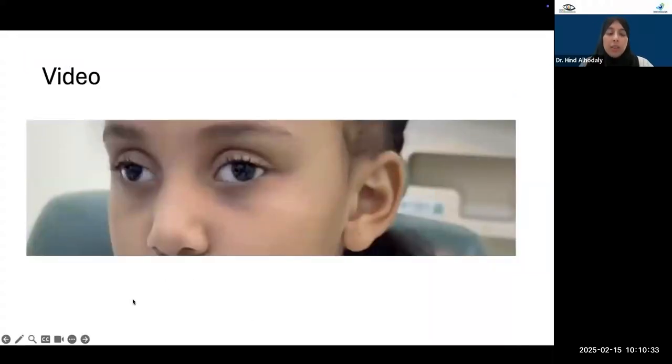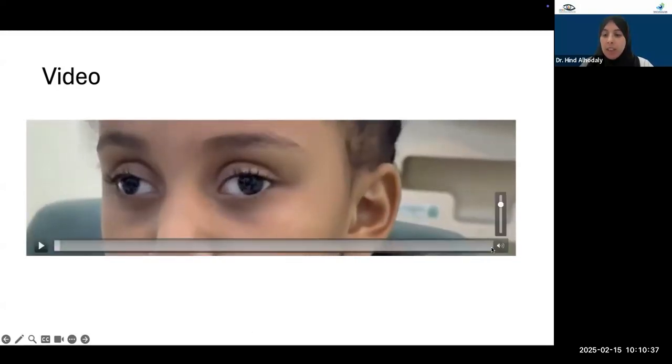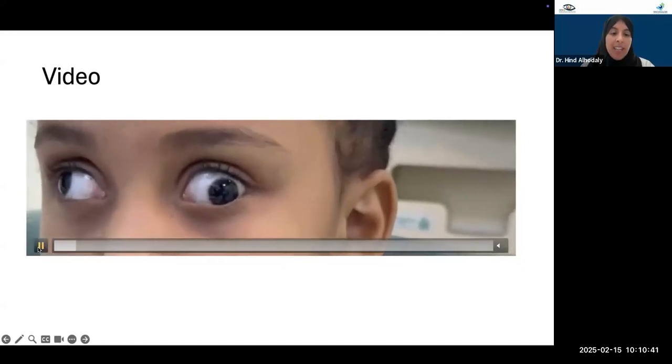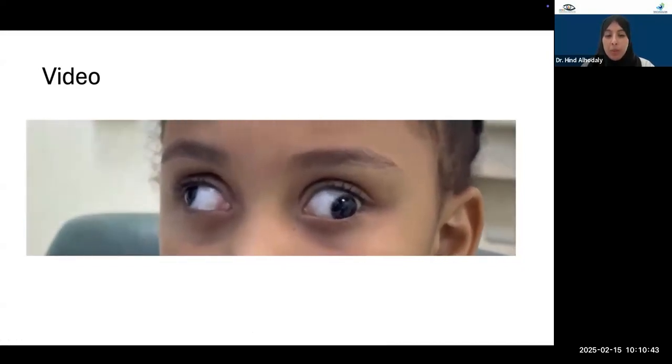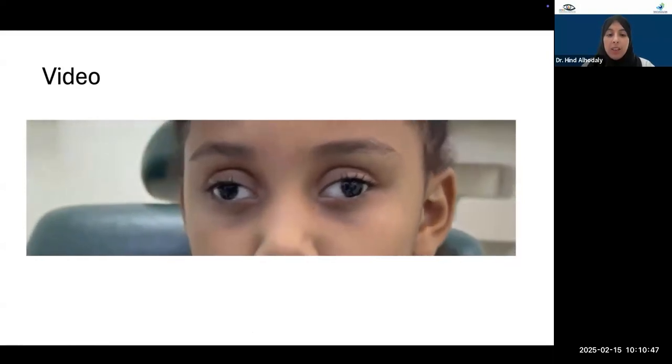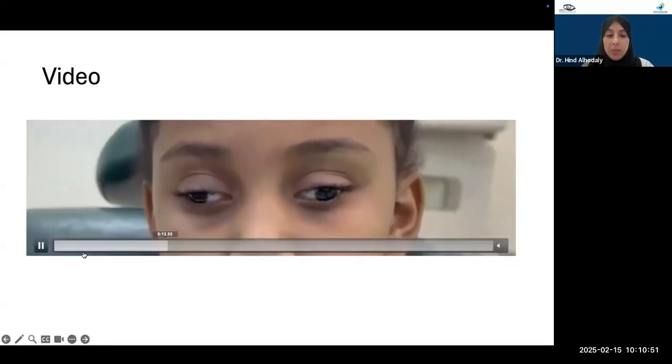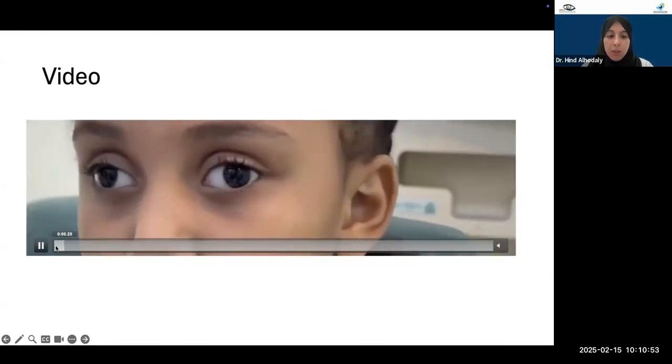So this is the video in a recent exam. As you can see here, with better cooperation of the patient, there is abduction on attempted adduction. She's attempting to look to her right.